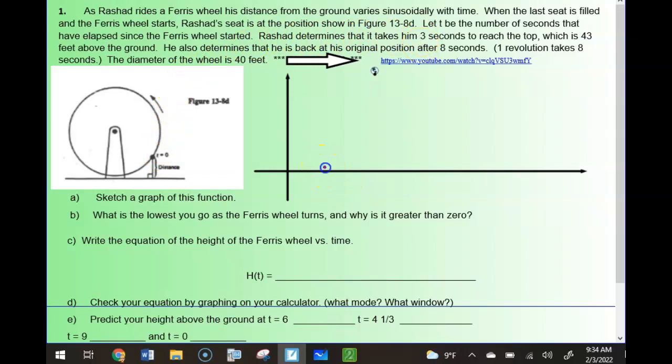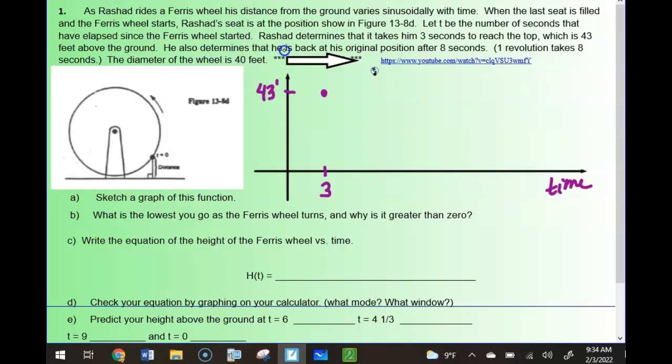So at 3 seconds into his ride, time is going in this direction, he is at the top, which is 43 feet above the ground. So I'm going to put 43 feet, and put a little dot here to show that he was 3 seconds in and 43 feet up in the air.